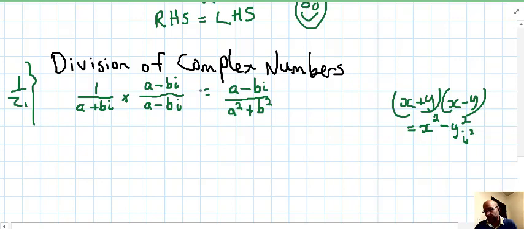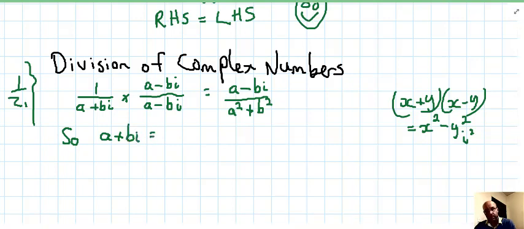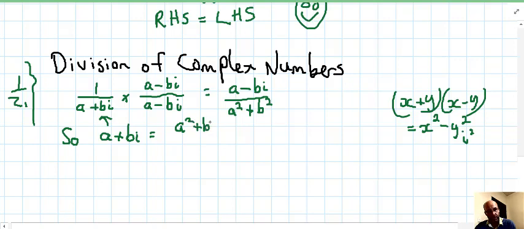Okay, so we've got that, and so if we have a plus bi, the standard z1 complex number, which is actually the reciprocal of what's written there, and we multiply it by 1, which doesn't change anything, the reciprocal of 1 is 1, we have a squared plus b squared over a minus bi, which of course is the reciprocal of that.